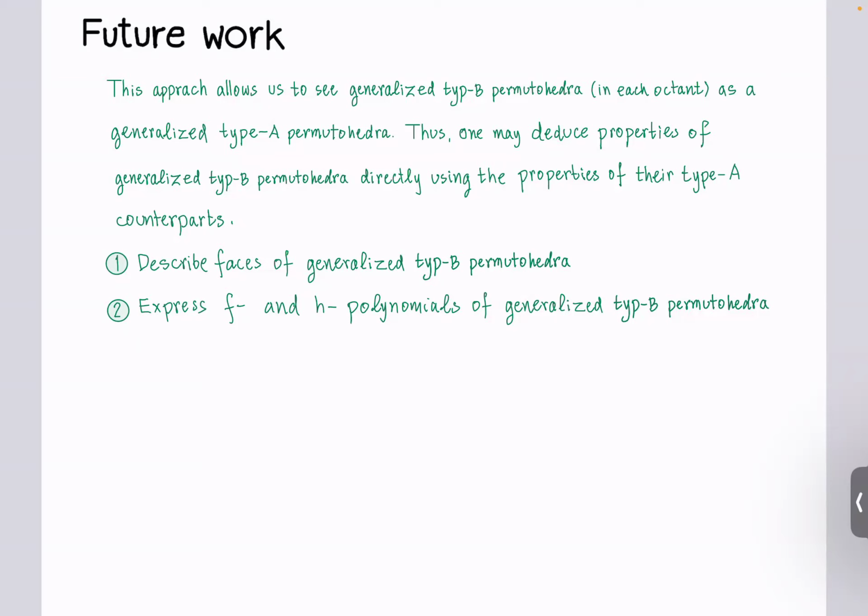So I can ask things that I would study for the type A one, for example, the faces, or the f-vector and h-vector of the type B one, and try to use the tools and techniques that people use for type A to compute them. So that's what I'm planning to do. And that's the talk.